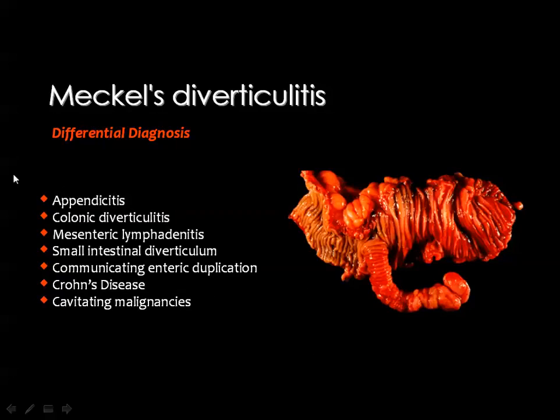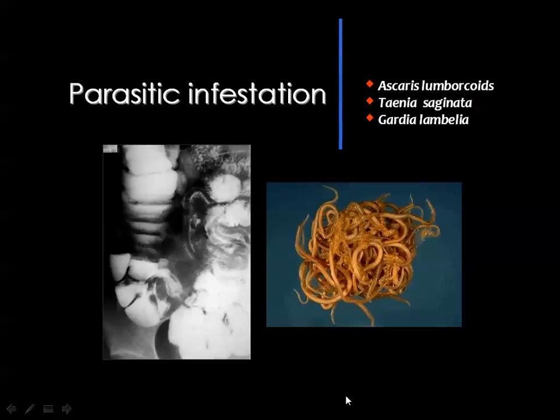Because of the near location of the diverticulum to the site of the appendix, it may be mistaken for appendicitis or even colonic diverticulitis or mesenteric lymphadenitis, or a small bowel diverticulum other than Meckel's, or a communicating enteric duplication cyst, Crohn's disease, and sometimes cavitating malignancies.